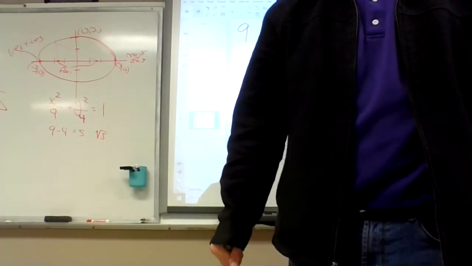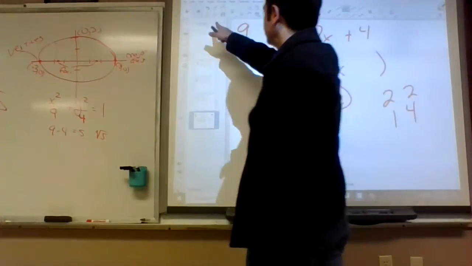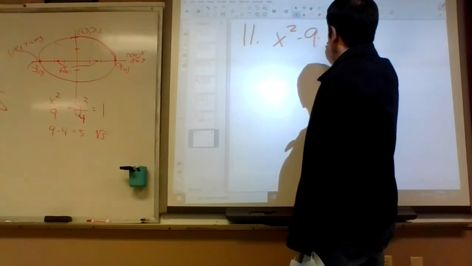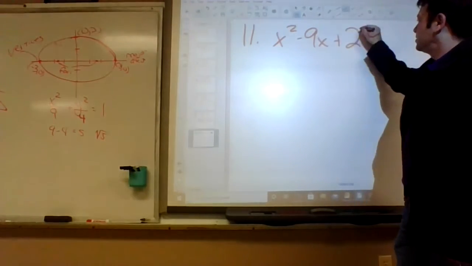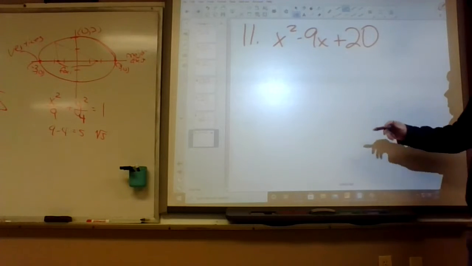Number 11, x squared minus 9x plus 20. Who wants to try this one? Brittany? So, x and x.